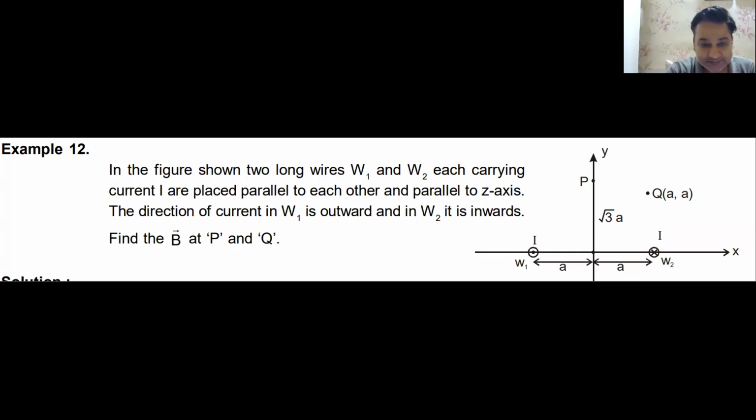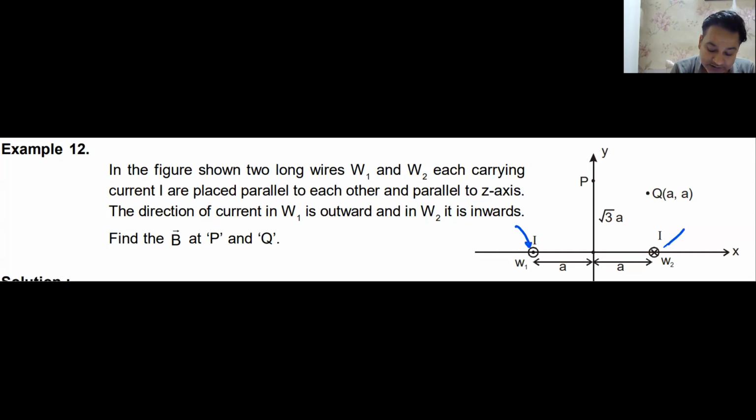A similar question has come in a JEE where they asked the force on a wire which was kept along the y-axis. You understand the field, the force is simple. In the figure shown, two wires W1 and W2, each carrying current I, are placed parallel to each other along the z-axis. The direction of current in W1 is outward, which is shown by the dot.